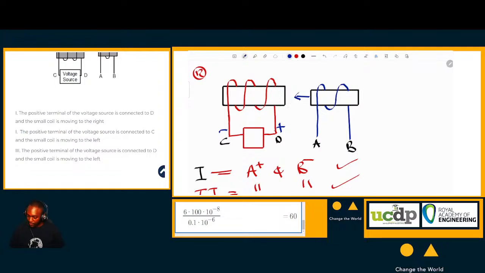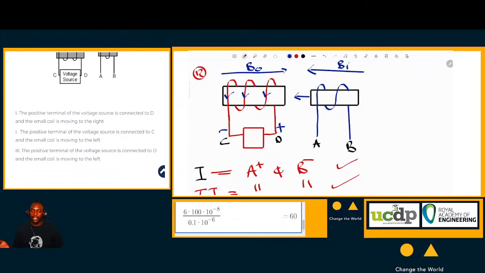So if you identify the directional flow of current, if you grip that point, realize that your B original is going to the right. So that's your B original. And because it's moving towards, which means flux is increasing. And if your flux is increasing, we oppose. That's your B induced.